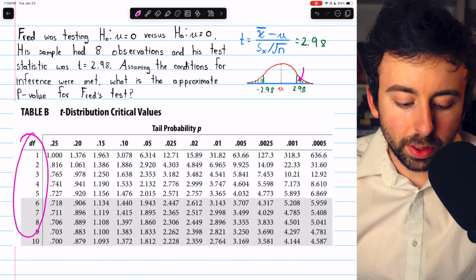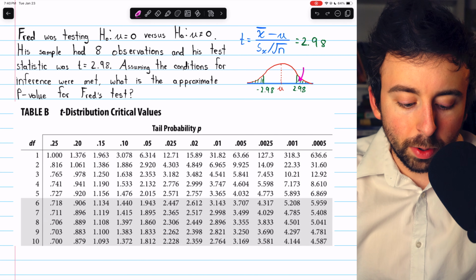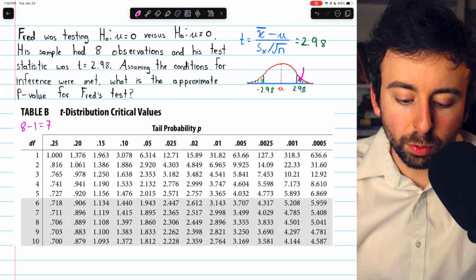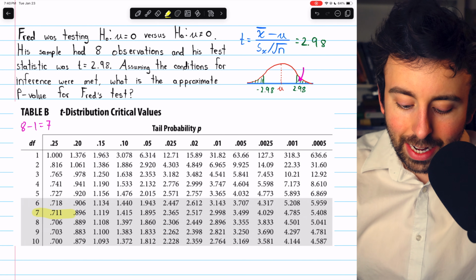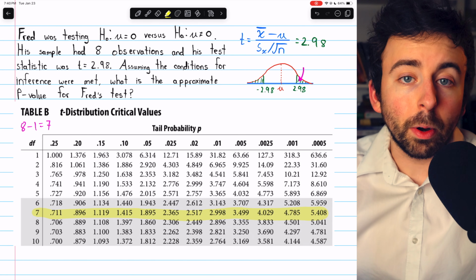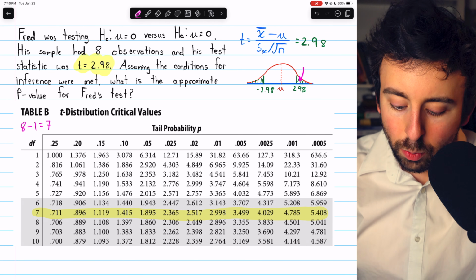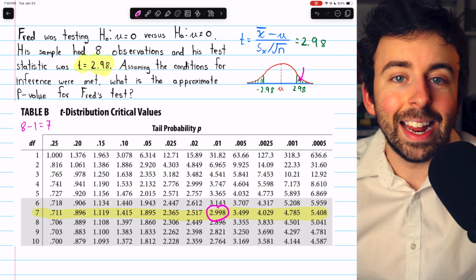Let's look in the row with the appropriate degrees of freedom. The degrees of freedom is just the sample size minus 1. In our case, that's 8 minus 1, which is 7. So we're looking in this row for the number closest to our test statistic of 2.98. We see that here, 2.998.